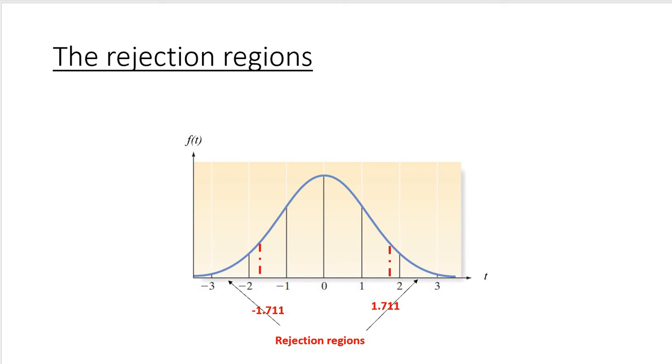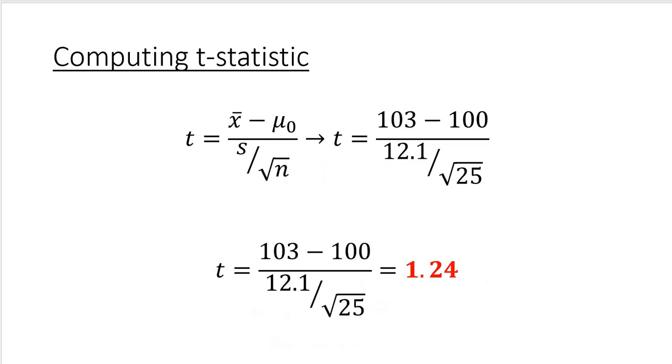The next step is to compute the t-statistic. We already discussed how it might be computed, but nevertheless, this is the formula. We have to subtract our reference value for comparison, or the hypothetical value of the sample mean, from the actual sample mean, and divide this value by the ratio of sample standard deviation and the square root of n.